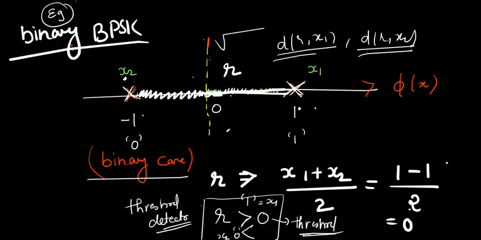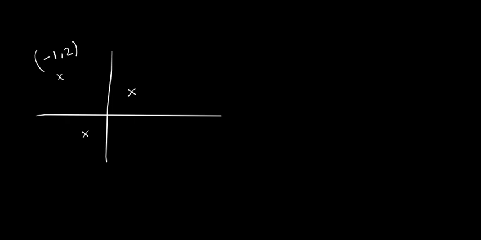Now, let us take an example. We have 3 points. This is our constellation.